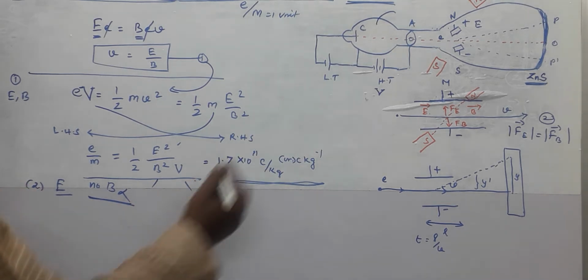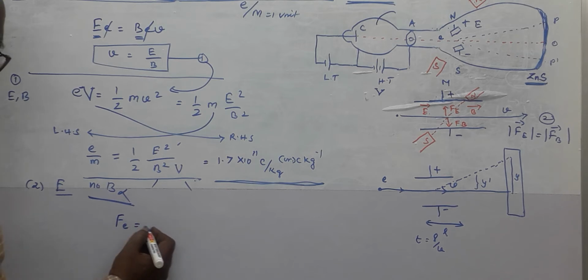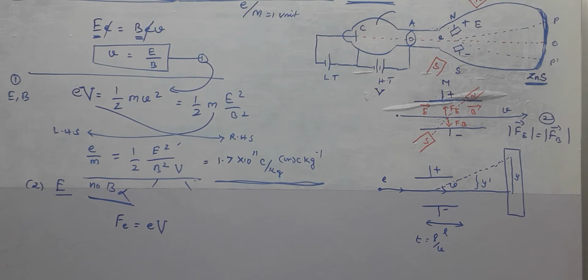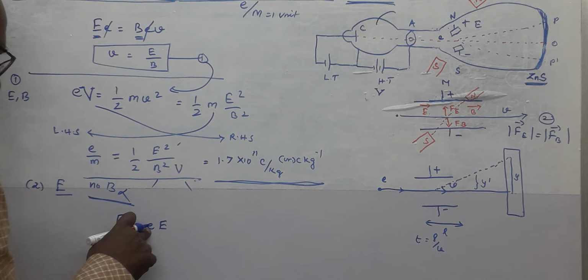Now, the electric force Fe is nothing but e into capital E, because capital E is called the electric field acting on the charge of the electron e.